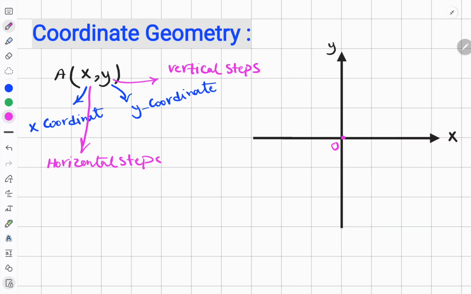from O. For example, we have point A, which is (positive 3, negative 2).